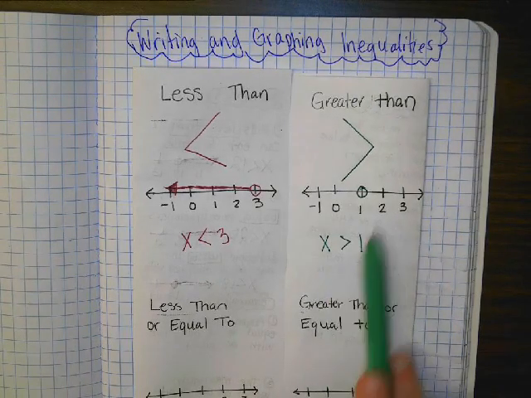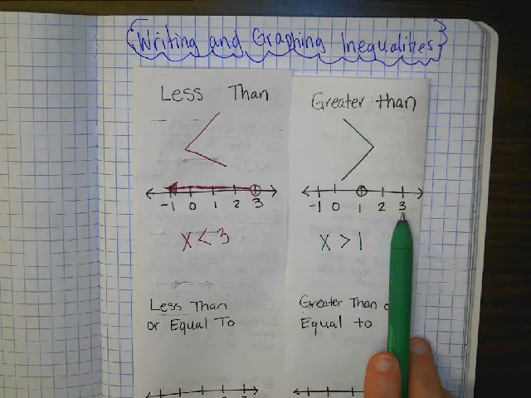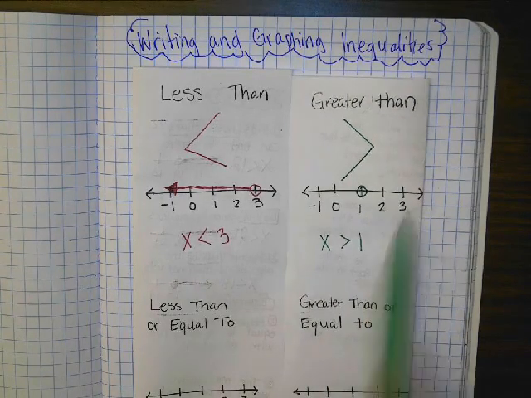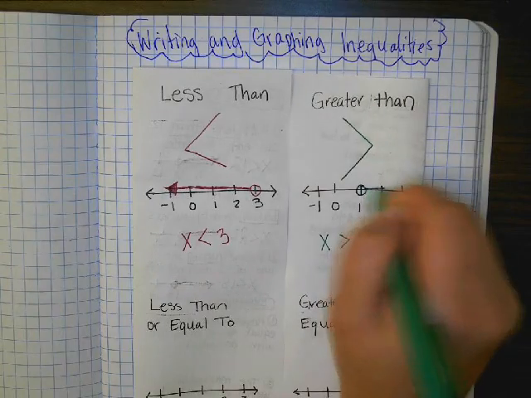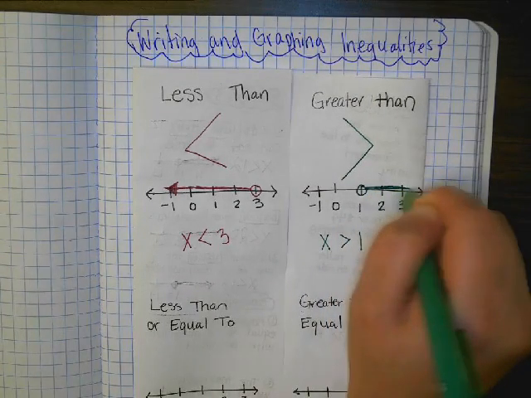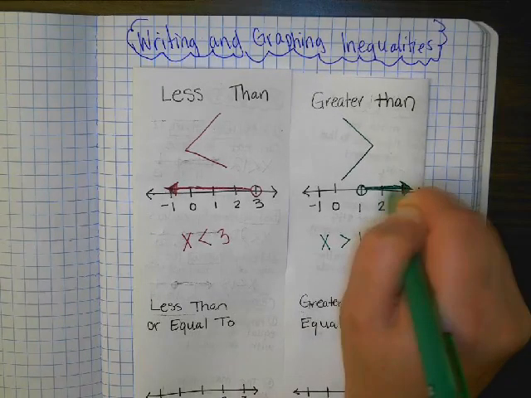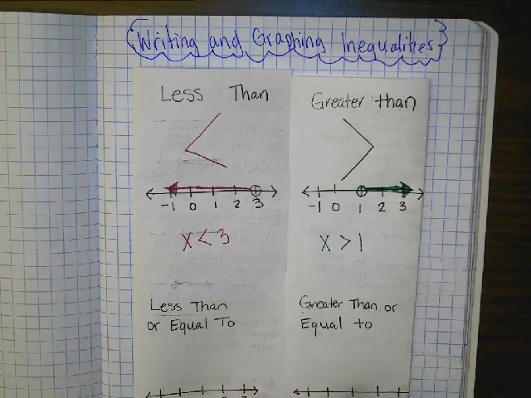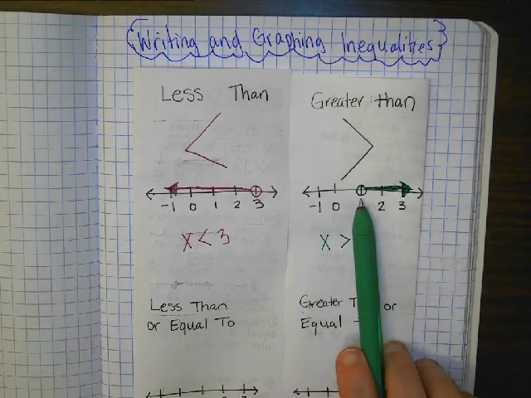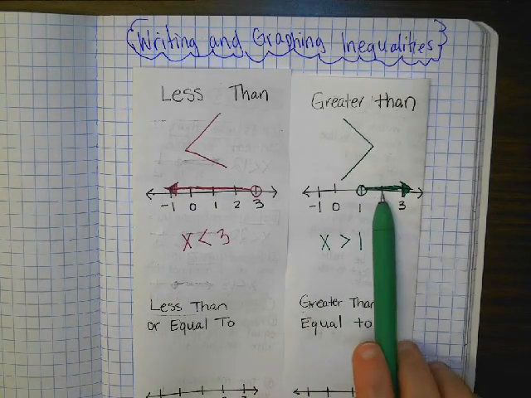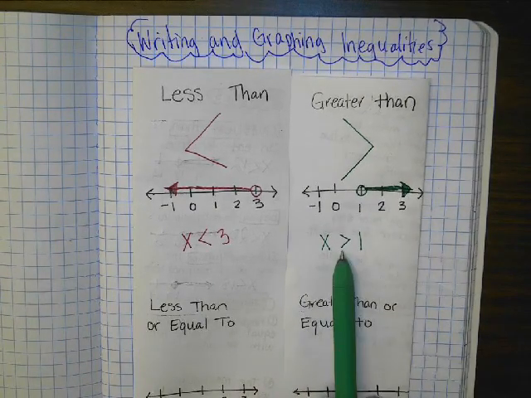That's not what I want. 2's bigger than 1. 3's bigger than 1. Oh, so to the right is the direction that x could be. Anything that gets bigger than 1. One's not included. And once again, my arrow matches my inequality sign.